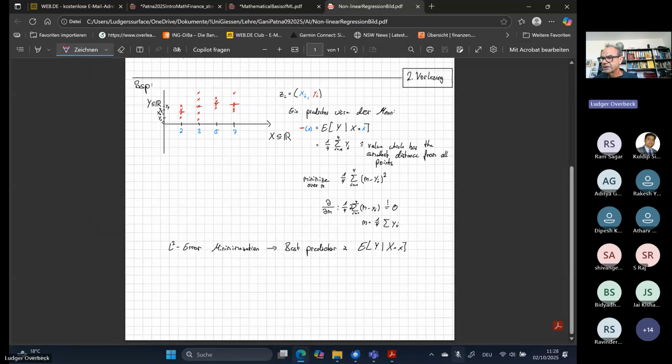Now let's say you have a function, and then you have a value here, like you have 4. What would you take? You have to fit this function somehow. That's your fit. And then you would take this one to be the value of 4.